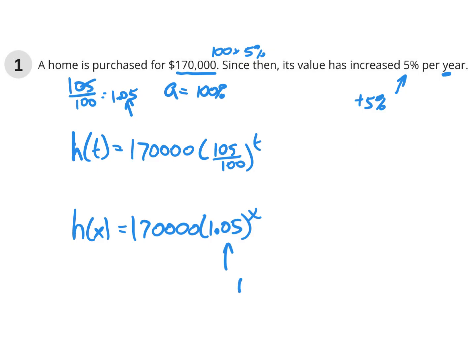See how the b is greater than 1? If we would have used 170,000 to the 0.05, this b is less than 1. You're telling me that the home loses 95% of its value. You'd have given me a $170,000 house in year one.